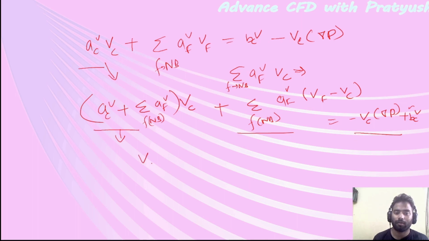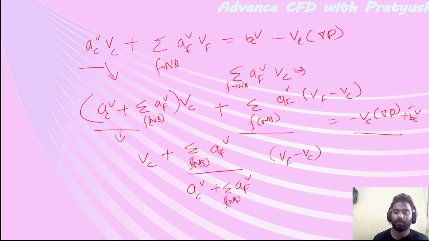So we can write it as AFV upon, this term will be divided here, and this will become SCV plus the summation of FNV into AFV. Okay, now here will be VF minus VC equal to this term.